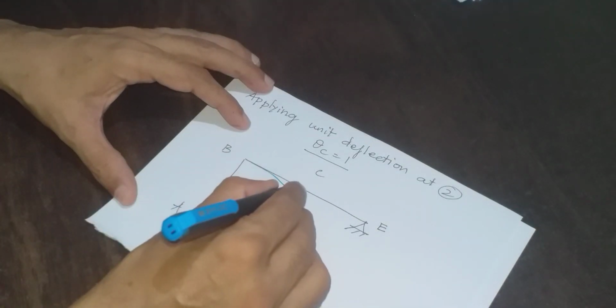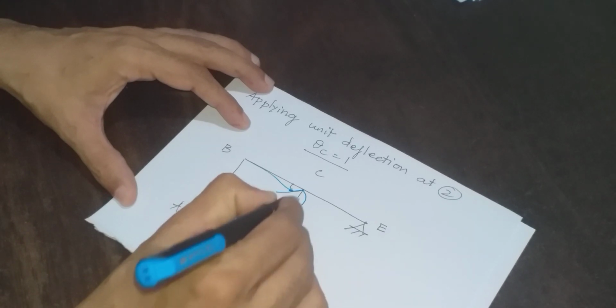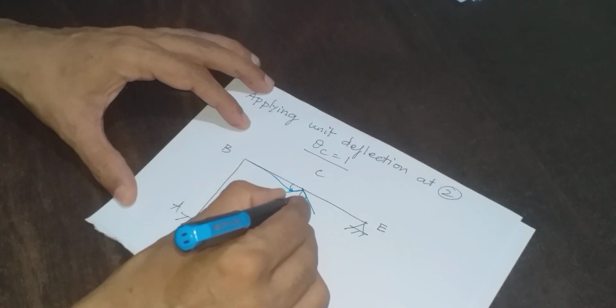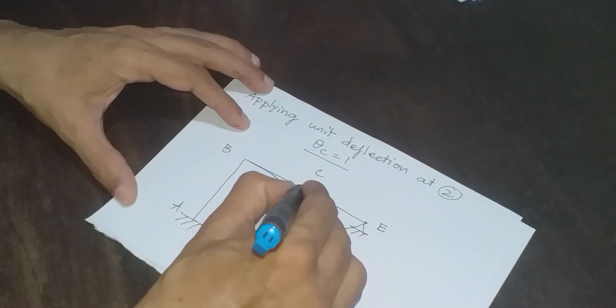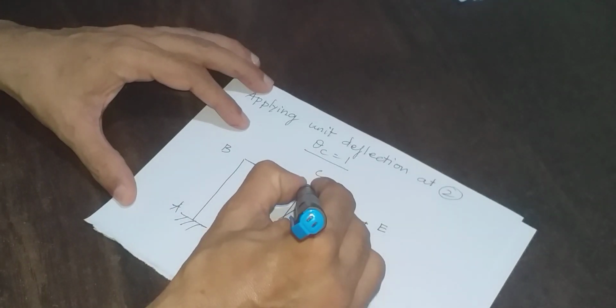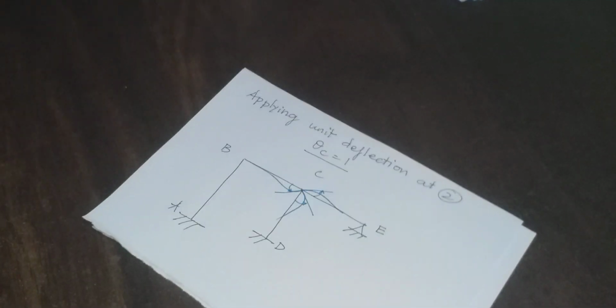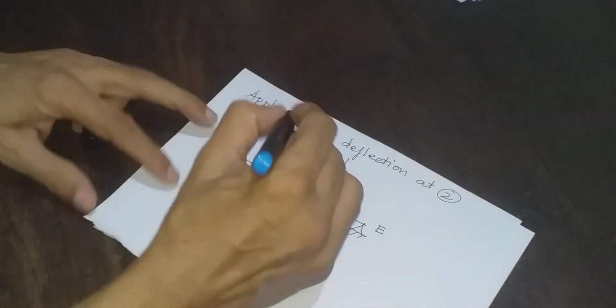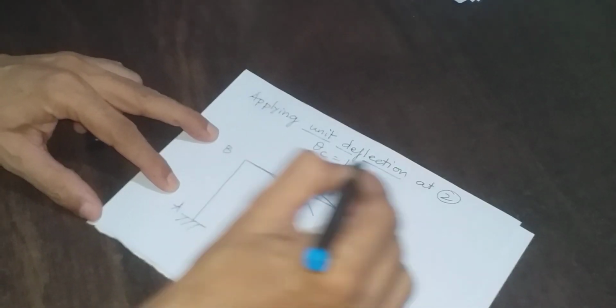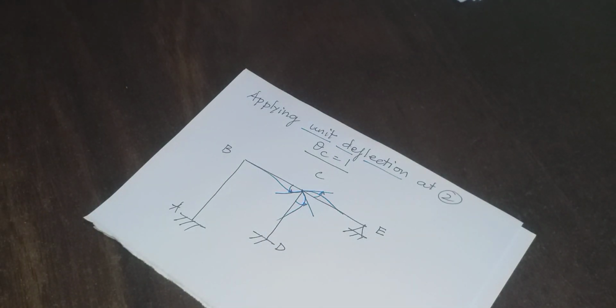It is in anti-clockwise direction. Deflected shape of CD will be like this, because the tangent will rotate in anti-clockwise direction. Deflected shape of CE will be like this, because the tangent will rotate in anti-clockwise direction. All this theta c is equal to 1. This is the diagram of unit deflection at C.